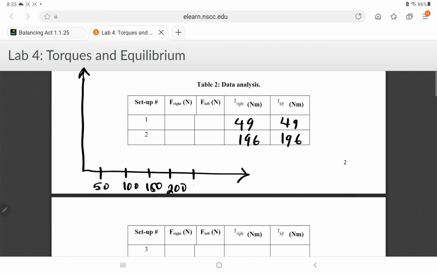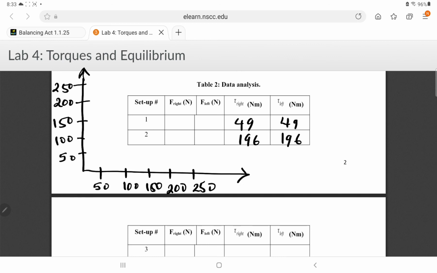Similarly, I can put it here, this is 50, this is 100, this is 150, this is 200, and this is 250, right?